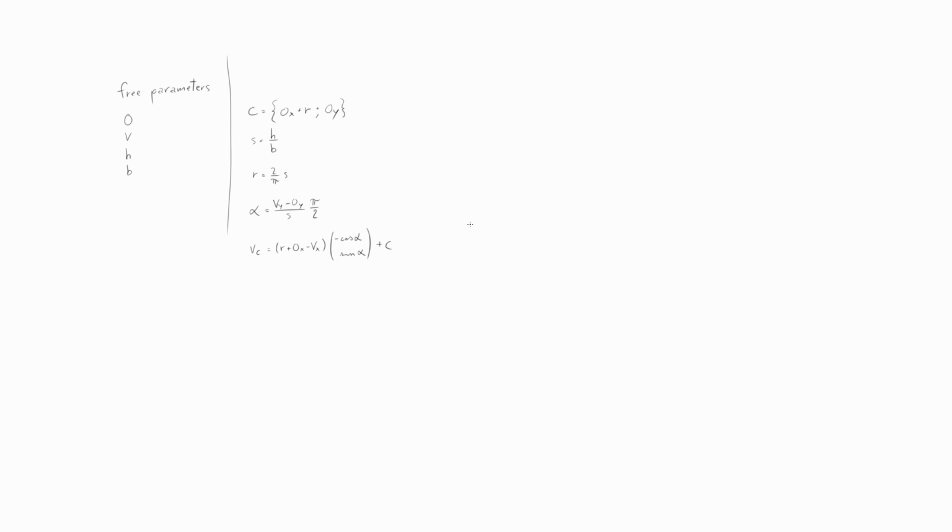If we scan the formulas accurately, we can also notice something interesting in how alpha is calculated. It may be a bit tricky to see, but here we're actually multiplying Vy minus Oy by the reciprocal of the radius.